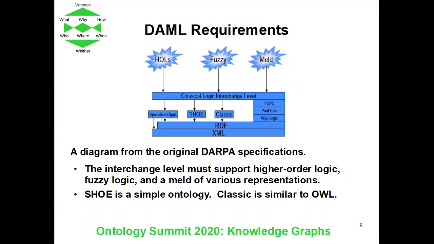And then it also shows SHOE as a very simple ontology, and CLASSIC is a description logic that evolved into OWL.